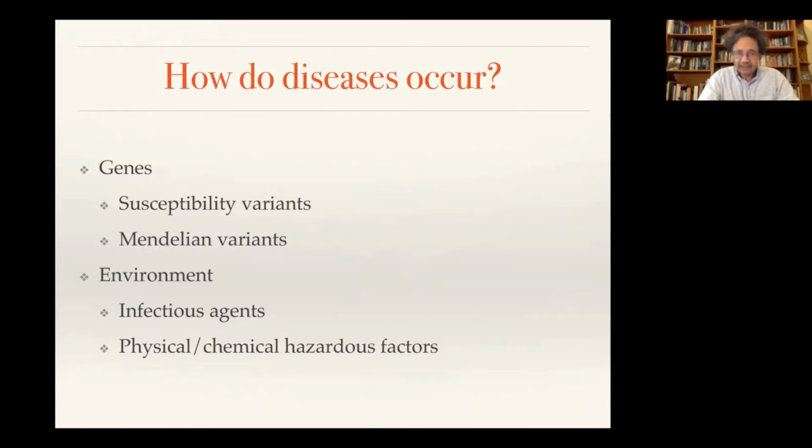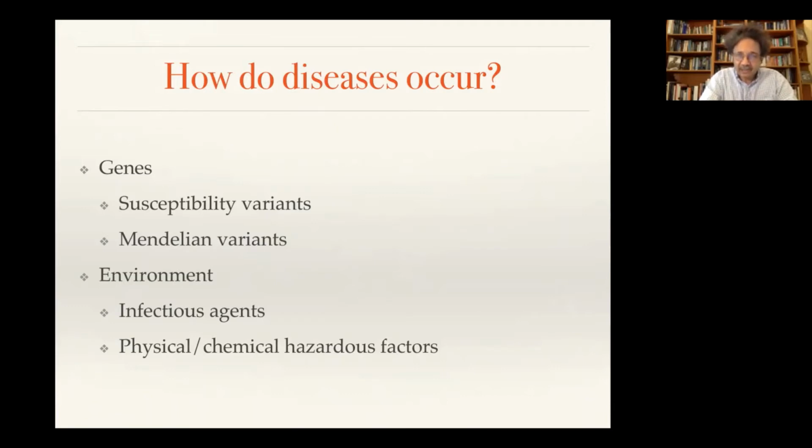And there could be two different kinds of gene variants that can influence the outcome of a disease. One is susceptibility variant, which could be SNPs, DNA nucleotide sequences that are generally prevalent in the human population, and they're not sufficiently rare to call them mutations.